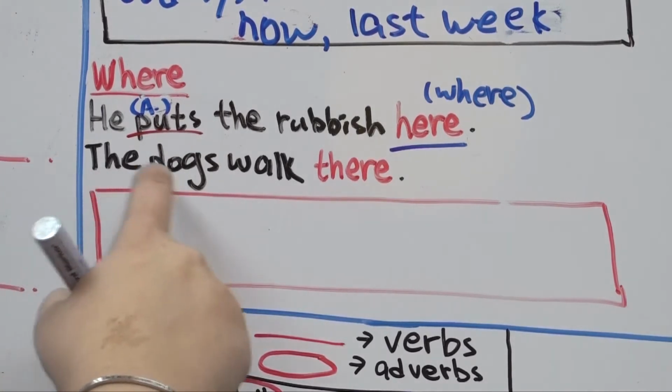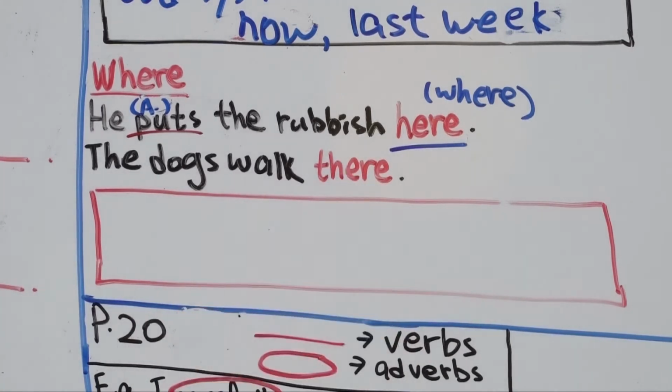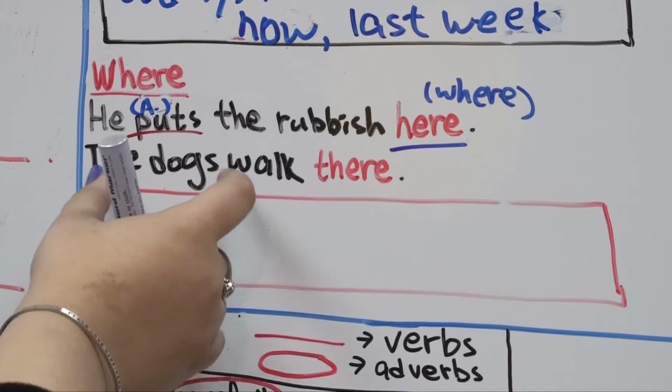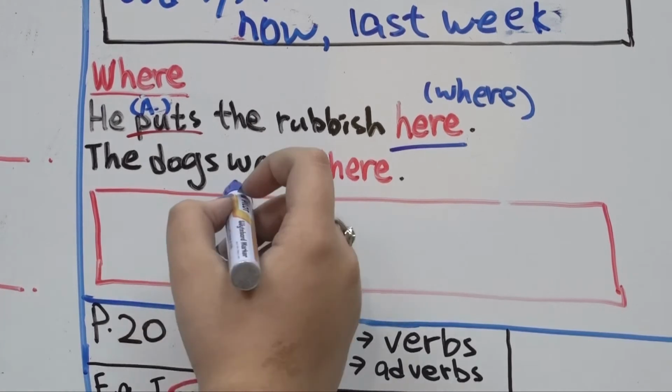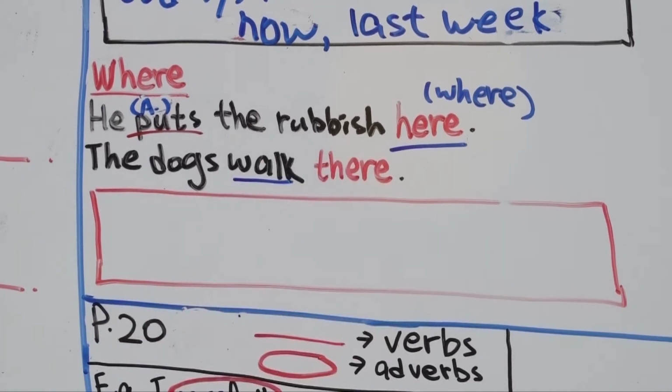Okay. The dogs walk there. So the dogs is the subject. You know it. Which one is the action here? 3, 2, 1. That should be walk. Walk is the action, right?